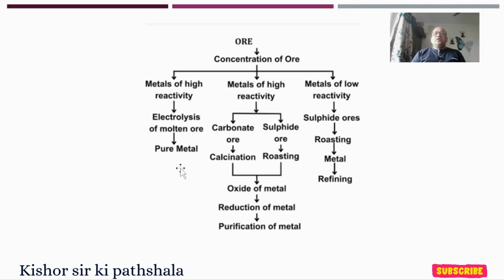Here you see a flow chart where you see the techniques which we are going to use for the extraction. There are different ways like concentration of ores, and after that we are going to follow these steps. So students, I am sure you have understood today's topic.